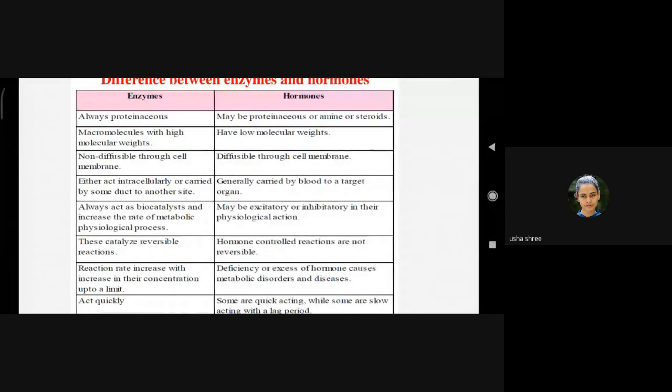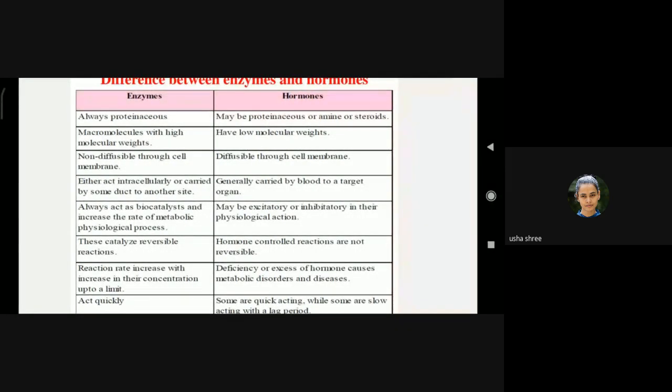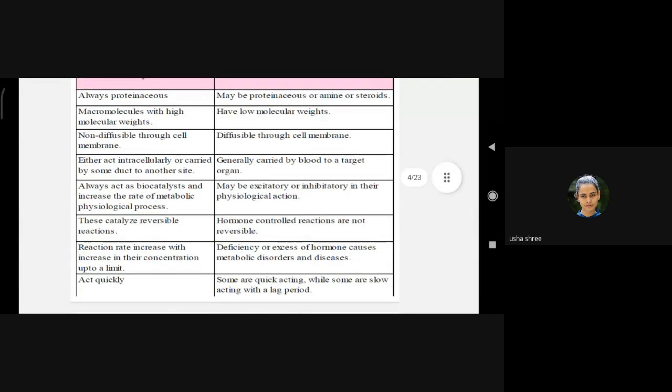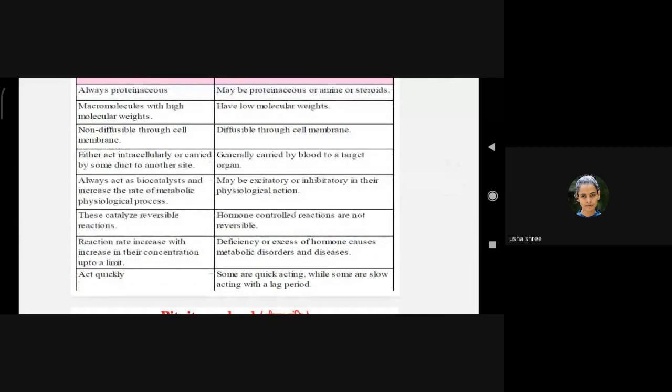So this is a type of excitatory hormone. And when this prolactin hormone becomes inhibitory, then production of milk becomes less, or slowly reduces. So hormones are excitatory or inhibitory.